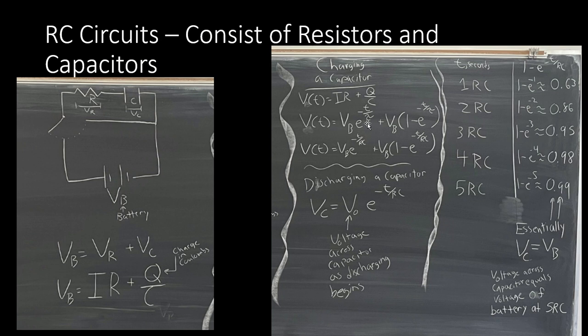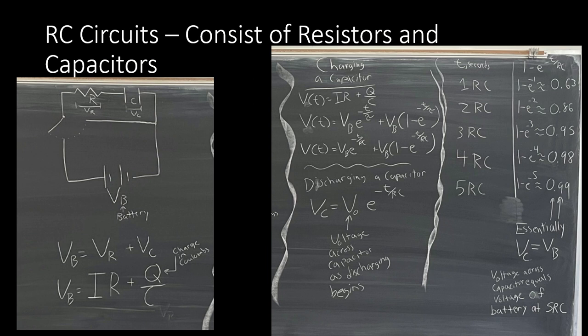The first half being the resistor component, the second half being the capacitor component. And because tau is just the equivalent resistance times capacitance, we can replace tau with RC.